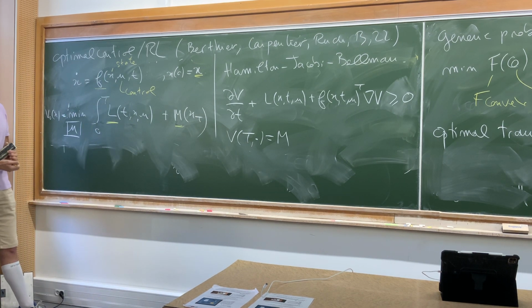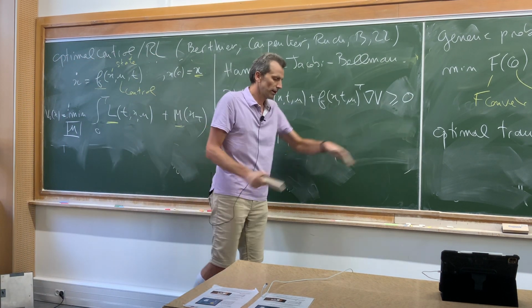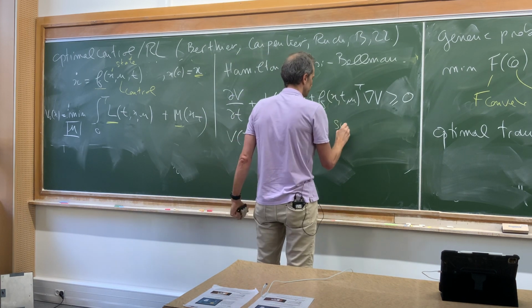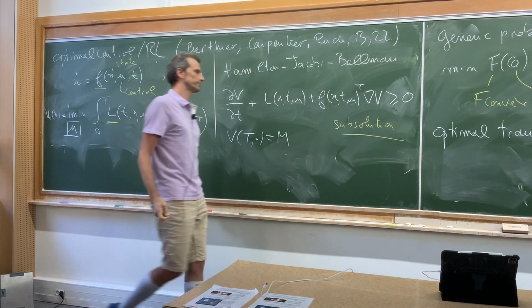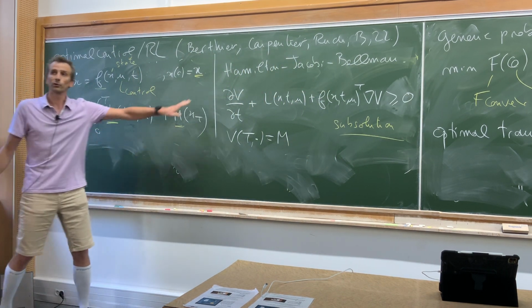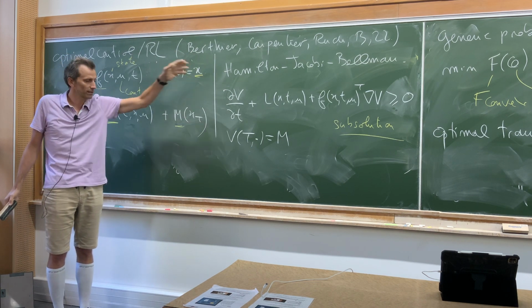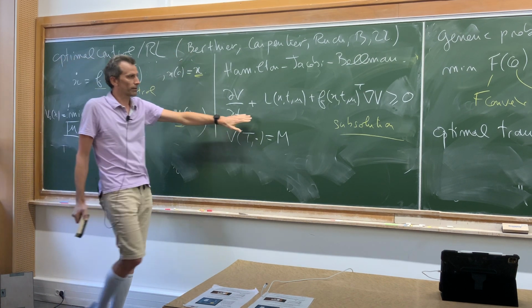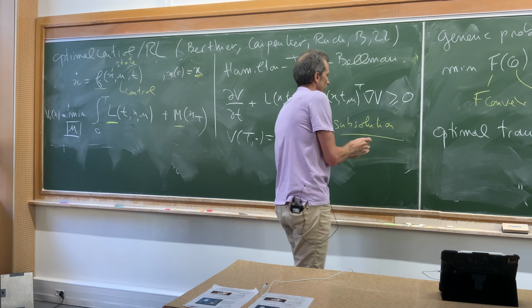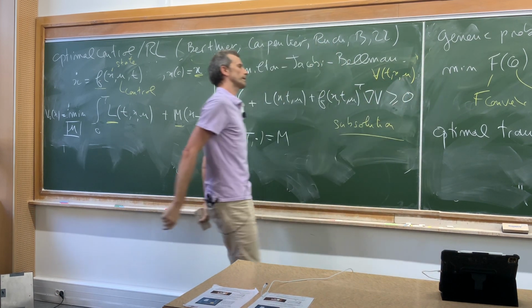Okay, so this is the HJB equation to solve it. And here it's an inequality because for the expert this is just a sub-solution of the problem. Okay, so here I don't expect you to understand what this is. It's just there is a big PDE that you need to solve, and it ends up being something of that kind where it has to be positive for all t, x, u.